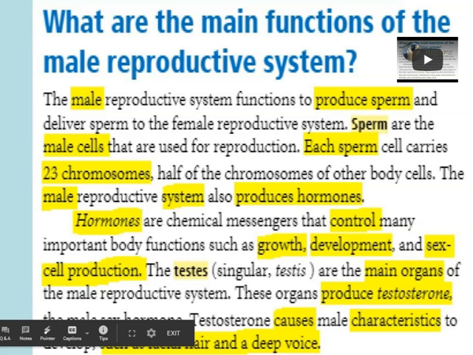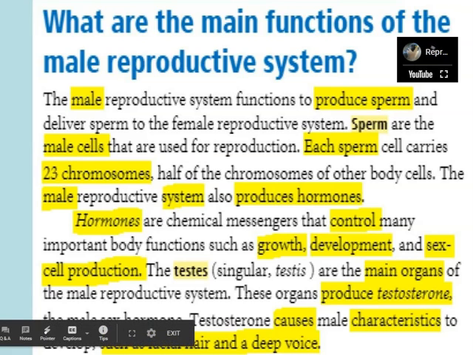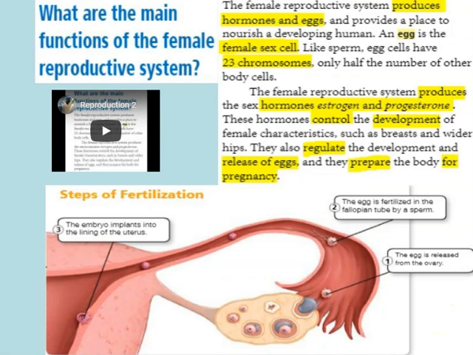All right, and then the next slide is a couple of paragraphs from the book on the male reproductive system. Got the read function there, you need that. And the female reproductive system with a couple of paragraphs there and a diagram. The 3 steps of fertilization with also the read function there.